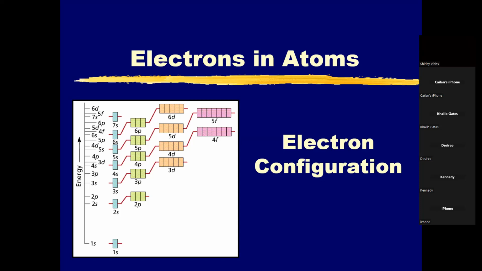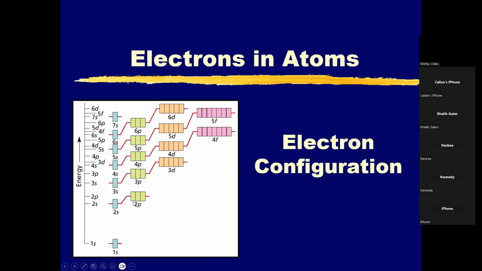As we are putting in the electrons, you always put in the lower energy first. There are a couple of exceptions here and there, but mainly you put the electrons in the lowest energy orbitals first, like it is written here on this diagram.